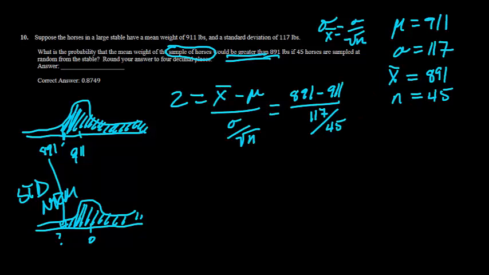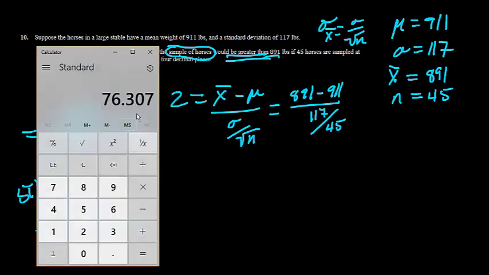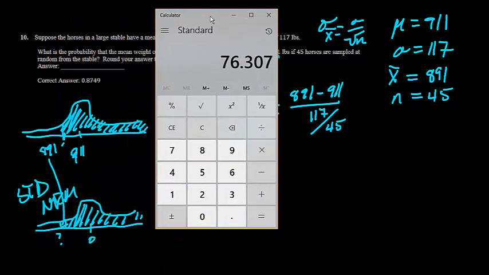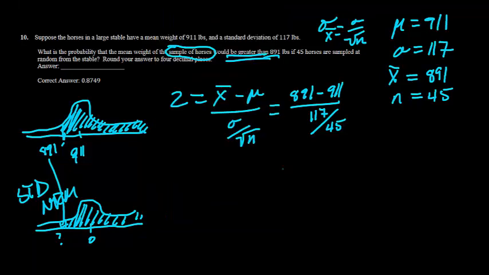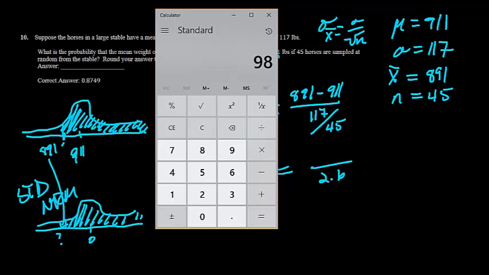Oh, wrong button. 891. We could do the denominator first because it makes it easier. 117 divided by 45 equals 2.6. So this is equal to whatever's on top divided by 2.6. 891 minus 911 is equal to negative 20.